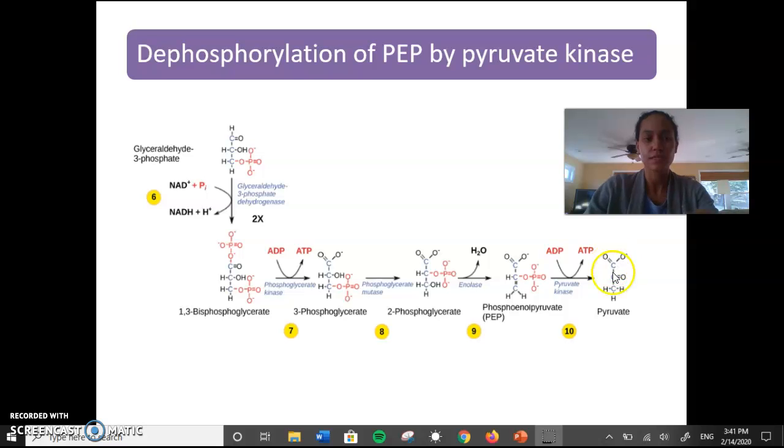So we'll see this reaction another time, but here I'm highlighting step 10, where PEP is dephosphorylated. You see this red group leaving to give us pyruvate. And here ATP is created. In fact, 2 ATP come from this reaction.